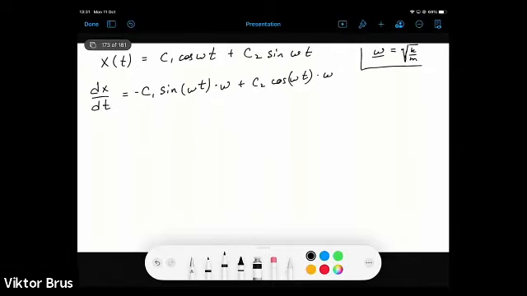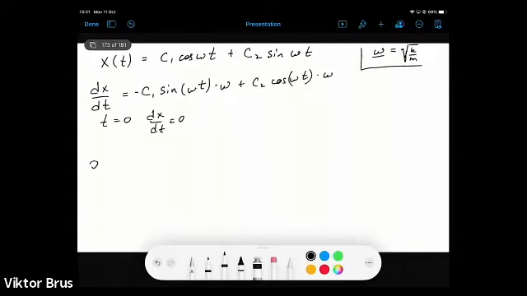Okay, so now we set the condition that at t equals 0, dx over dt is equal also to 0.